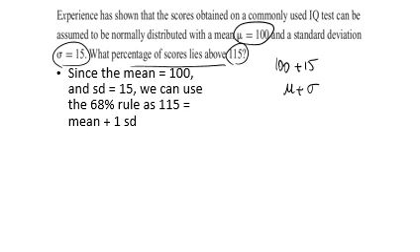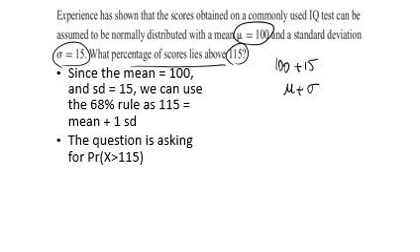Yes, so we can use the 68% rule as 115 is equal to the mean plus 1 standard deviation. And so what the question's asking for is, what's the probability that the score lies above 115? So we want to find out the probability x is greater than 115. It does say percentage though, so we need to express our answer as a percentage.